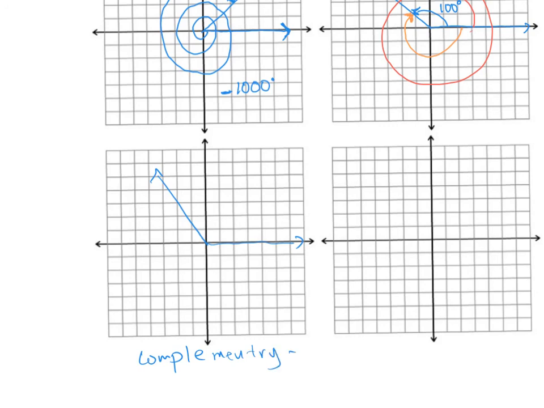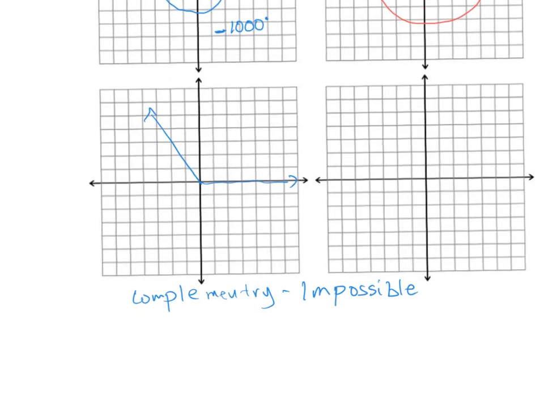So the complementary is impossible. We cannot have a complementary angle from 100 degrees. But our supplementary, remember, that has to add up to 180 degrees. So our supplementary to that is 80 degrees. And that is all.